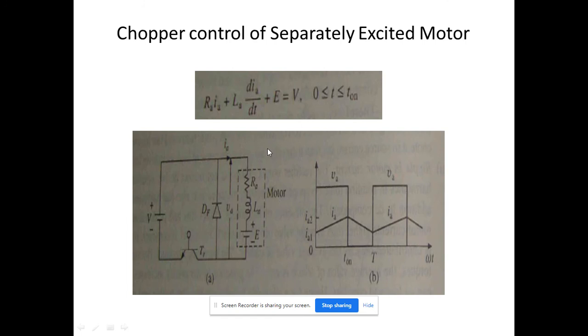So see here, it is the basic circuit diagram. A chopper circuit is feeding a separately excited DC motor.